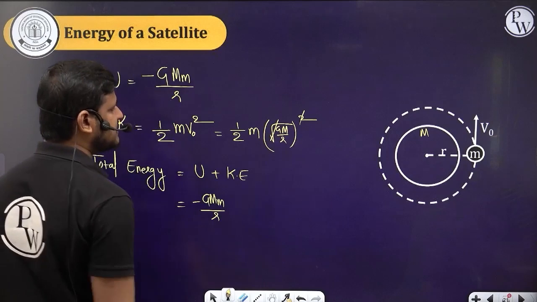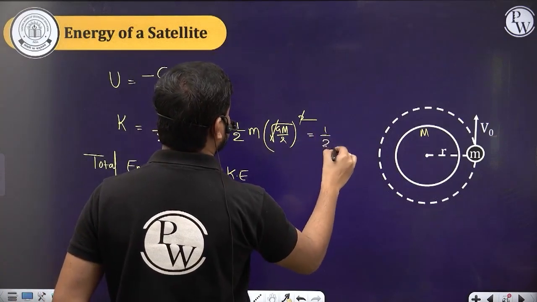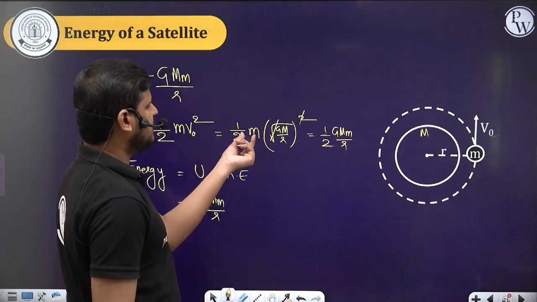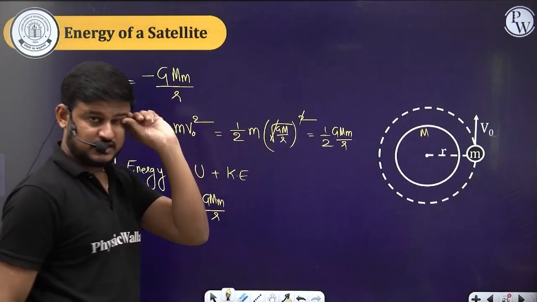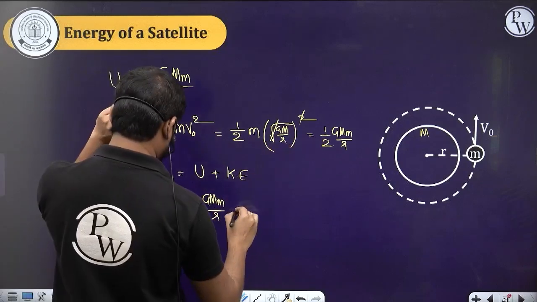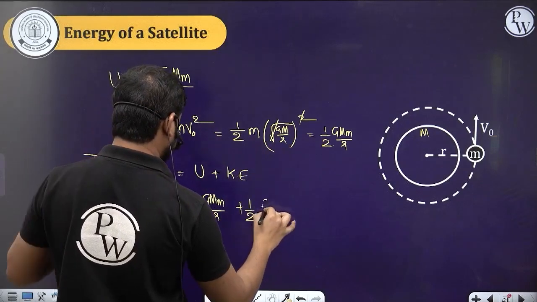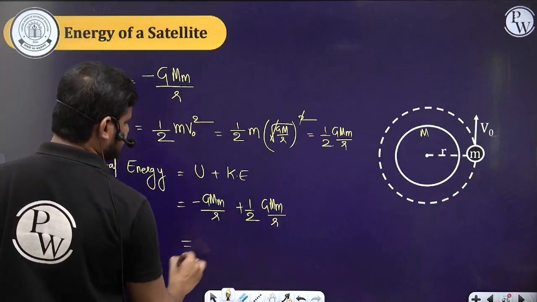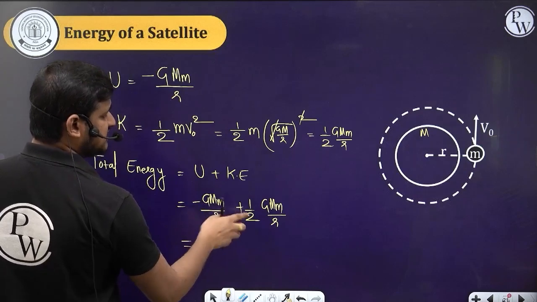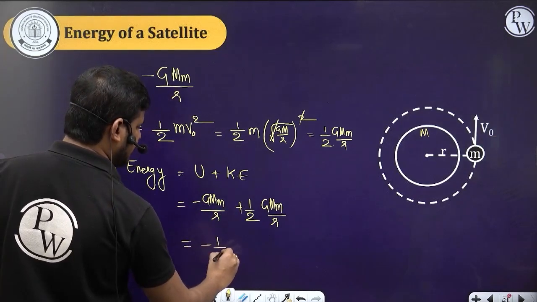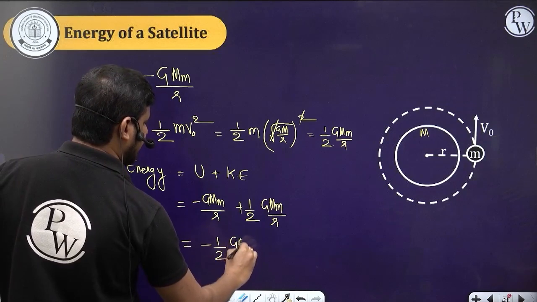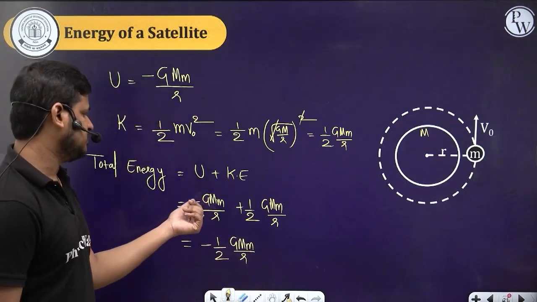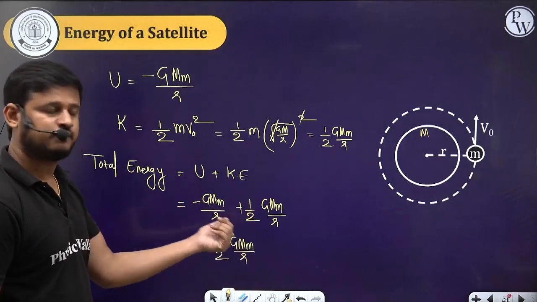Then R gets cancelled, so this becomes half m into GM by R. Substituting that here, we get half GMm by R. If you observe, this is minus 1, this is plus 1 by 2.